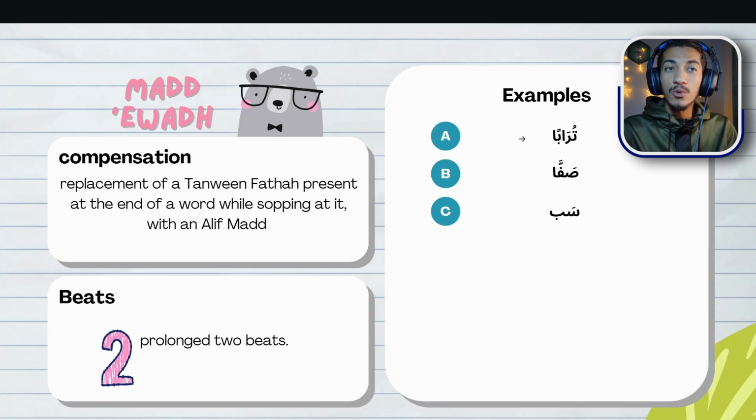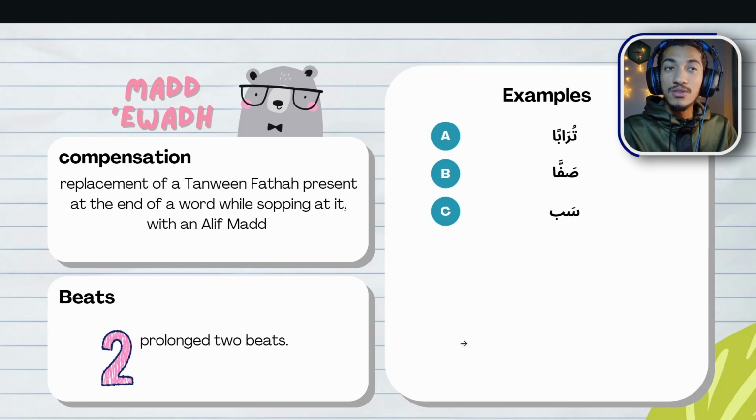Instead of saying Turaban, we say Turaba. It's Maad. How many beats? It's 2 beats Maad. Now, compensatory Maad or Maad al-Iwad is when we have Tanween Fatha and we stop on it. It's the last word in the ayah, or you stop in the middle of the ayah, but you stop on this word.